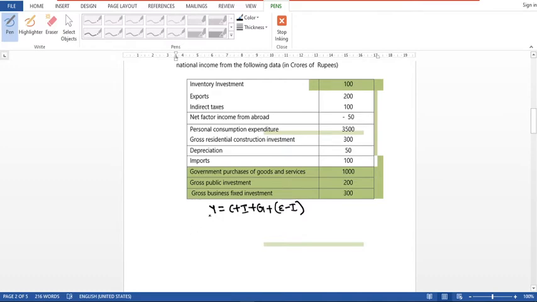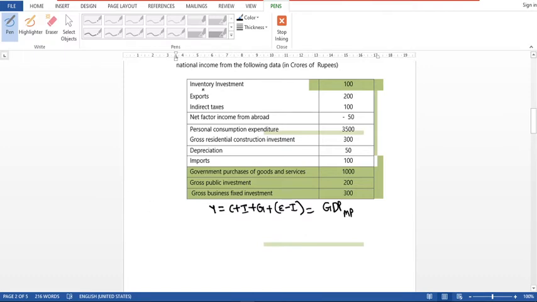Is it alright? And we will be finding out in this question also by the same method. Now here some additional information is also given, like depreciation, gross public investment, and that all, but we will be considering only this answer, and this will be nothing but GDP at market price. Is it alright?